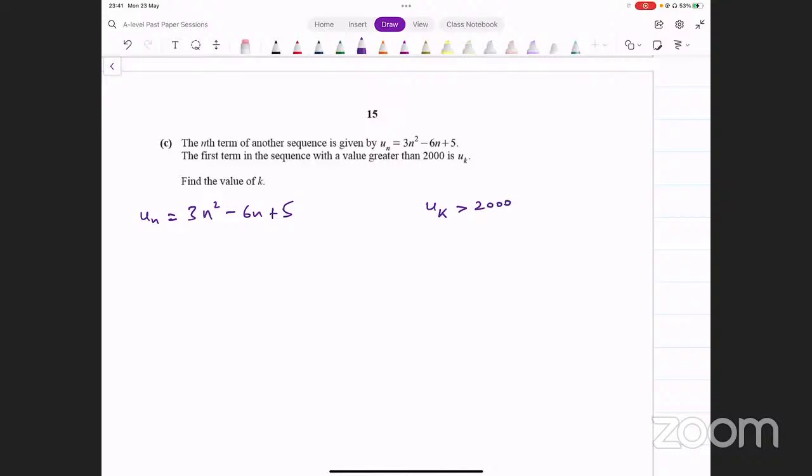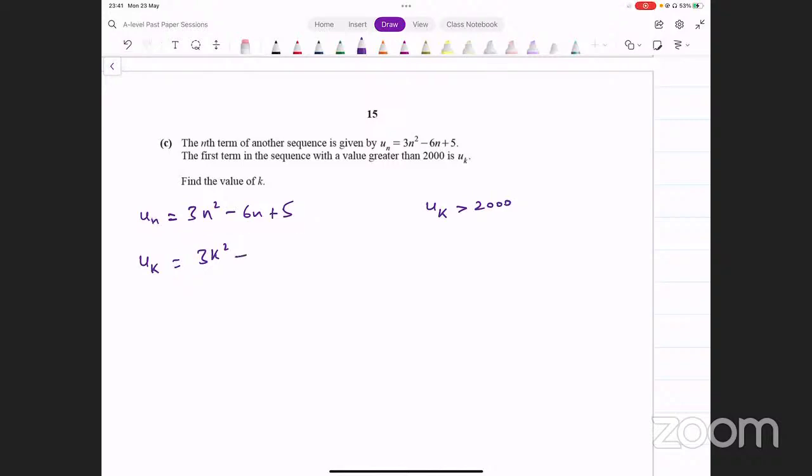Okay, तो बेसिकली जब n की वैल्यू k है तो क्या होगा? आपके पास ये जो नंबर है वो 2000 से बड़ा होगा. तो हम यहाँ पे क्या करते हैं, n की जगह पे k डाल देते हैं. We say uk is equal to 3k². अगर nth टर्म ये है तो kth टर्म क्या होगी?